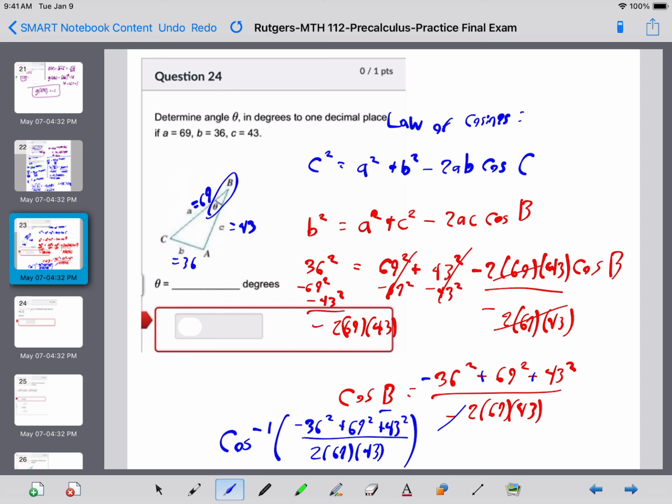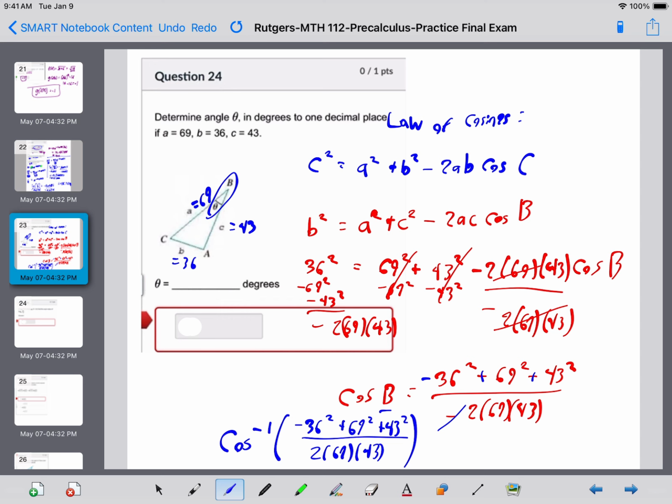So second cosine, let's put parentheses on those. No, don't put parentheses on that. Negative 36 squared, because the negative was on the outside, plus 69 squared plus 43 squared over 2 times 69 times 43.